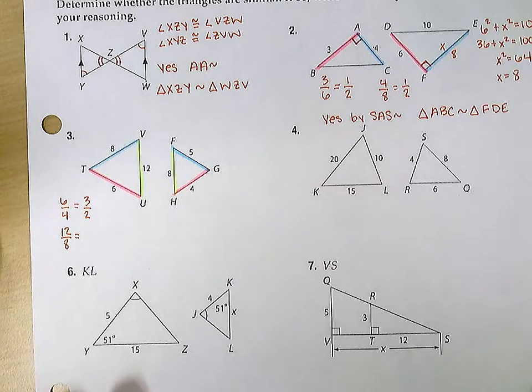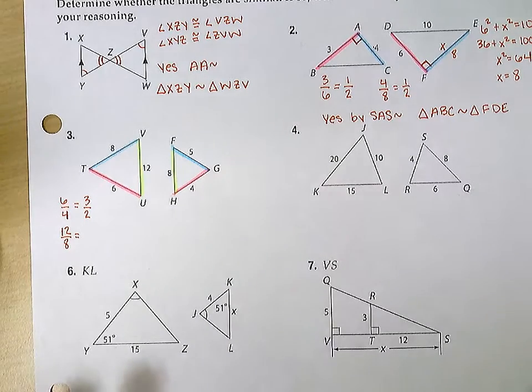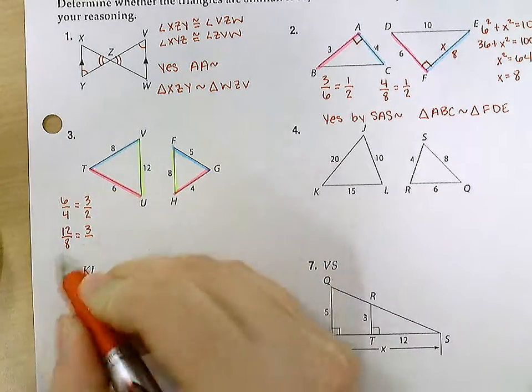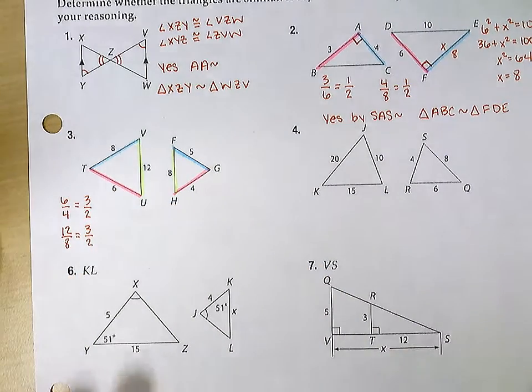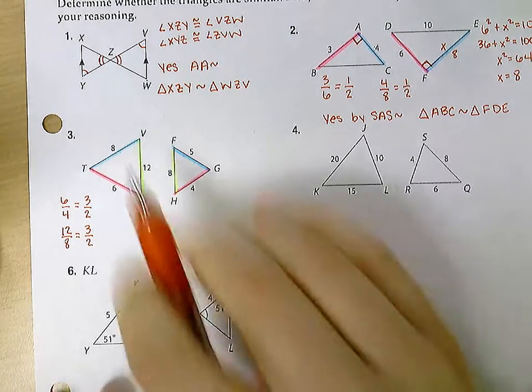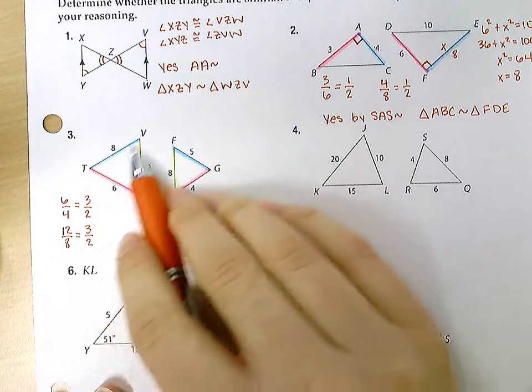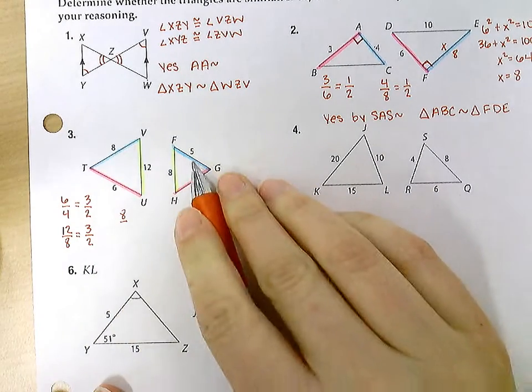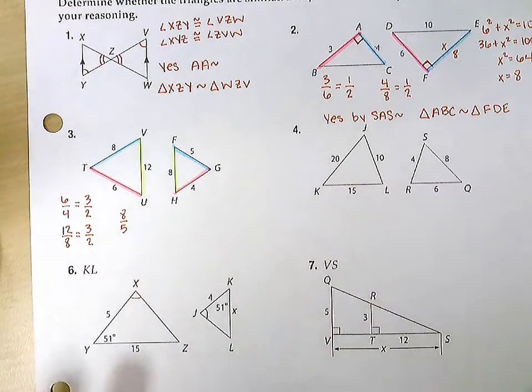Again, reduce that ratio. Both of those values divide by 4. So 12 divided by 4 is 3. 8 divided by 4 is 2. So far, so good. My last set of sides, right here, I have a side of 8 to a side of 5. That one doesn't reduce.